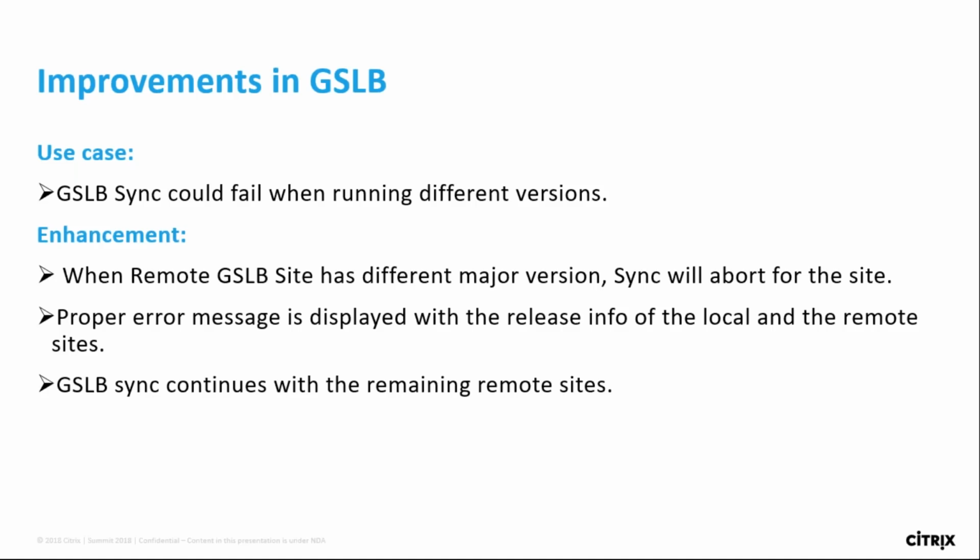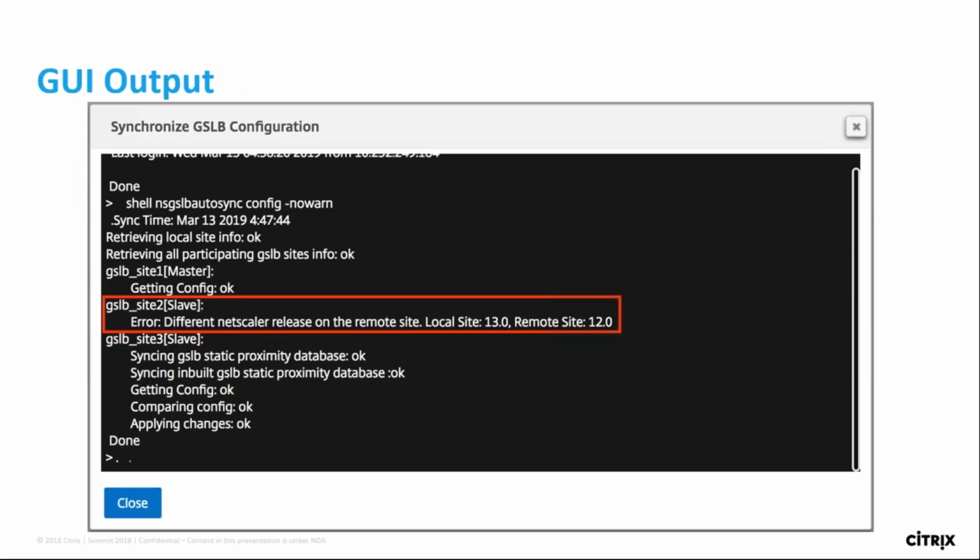So now we have added that option, where you can see here, when the master syncs with site 2 and site 3, site 2 has a different version than the master, hence the sync has failed and an appropriate error message has been listed for site 2. And for site 3, since the sync has completed properly, you are getting the success message here.